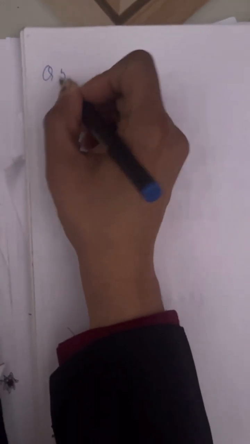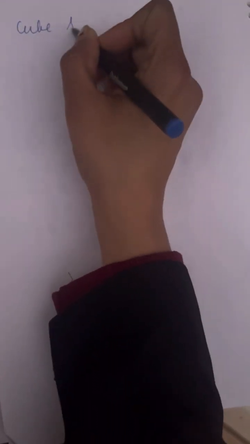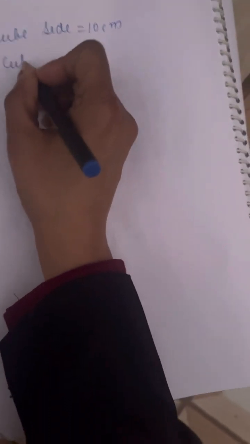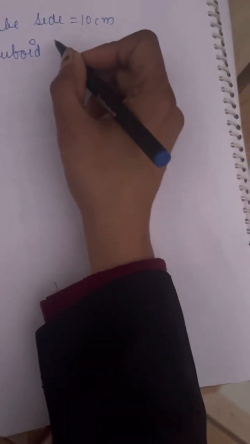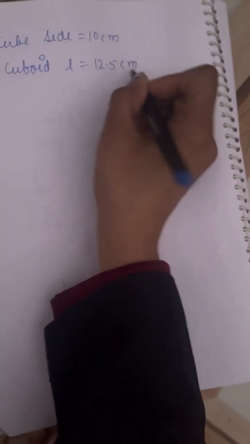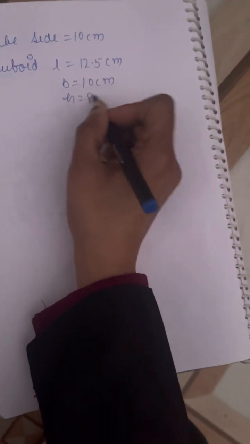So question 5: a cubical box has edge 10 centimeter, means a cube is given whose side is 10 centimeter, and another cuboid whose length, breadth and height are given. Length is equal to 12.5 centimeter, breadth is equal to 10 centimeter and height is equal to 8 centimeter.